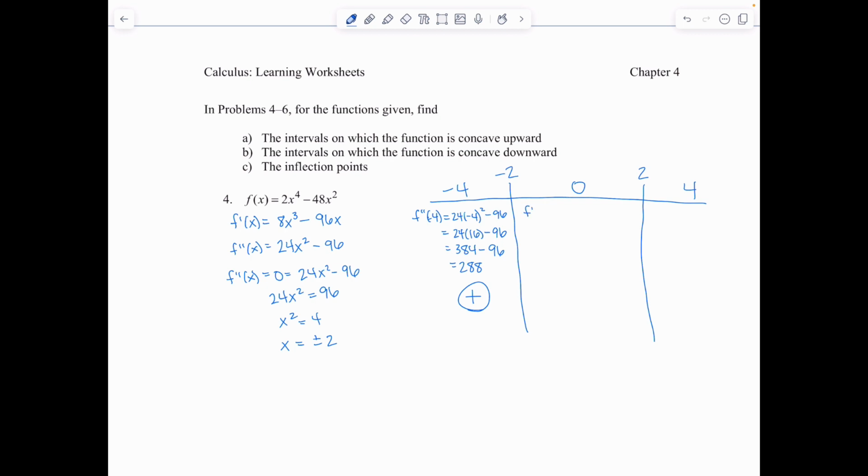Our second derivative of 0 is 24 times 0 squared minus 96, negative 96. So negative. And our second derivative at positive 4, 24 times 4 squared minus 96, 24 times 16. This is going to take us to the same 288 of positive number.